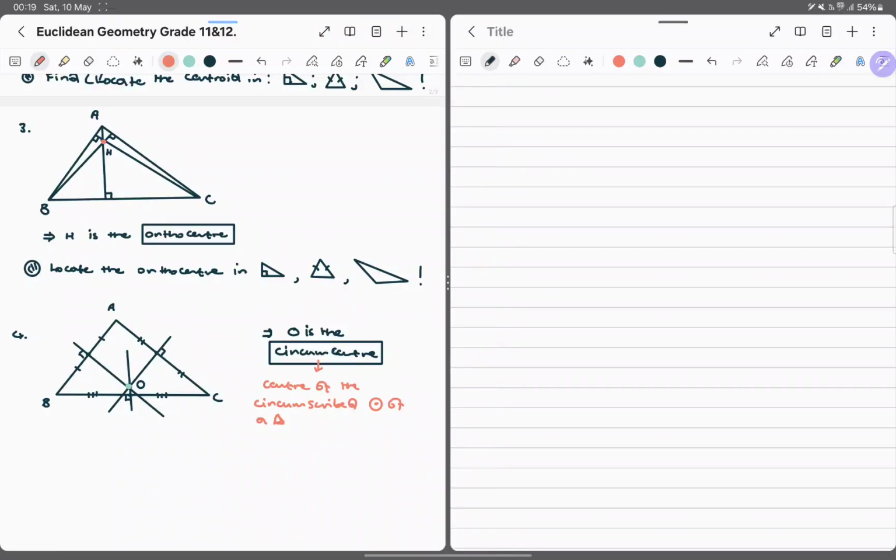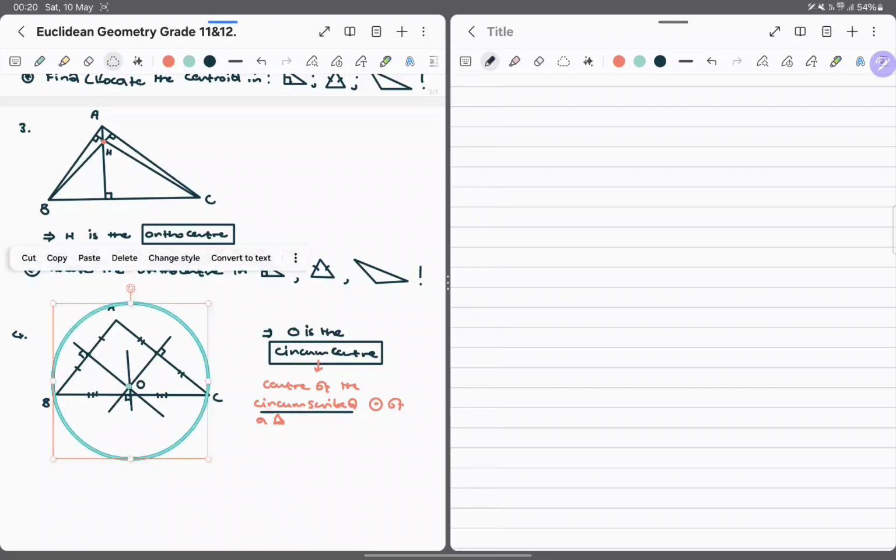Okay, nice. Remember we spoke about an inscribed one earlier. This one is circumscribed, meaning it's on the outside. So if you look at it, if we were to draw a circle here, it doesn't look right, but let's try and make it look right.